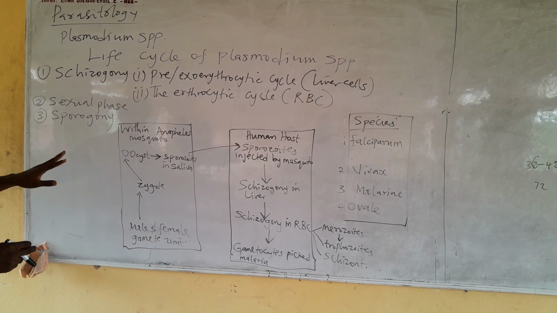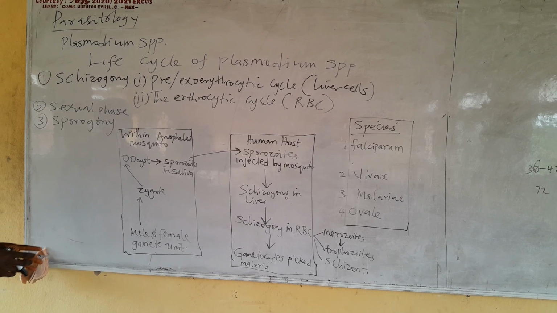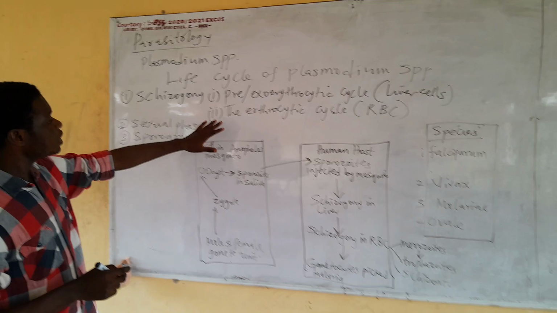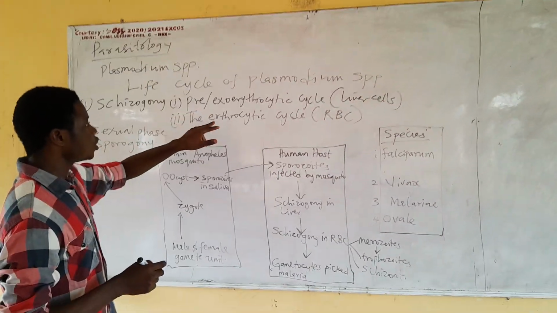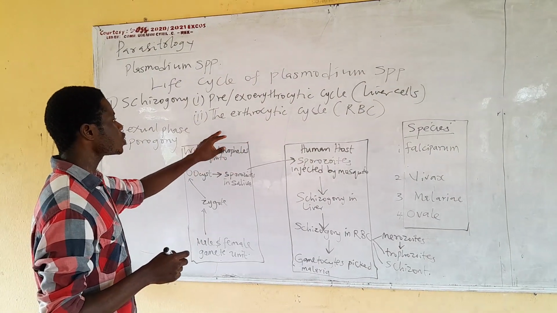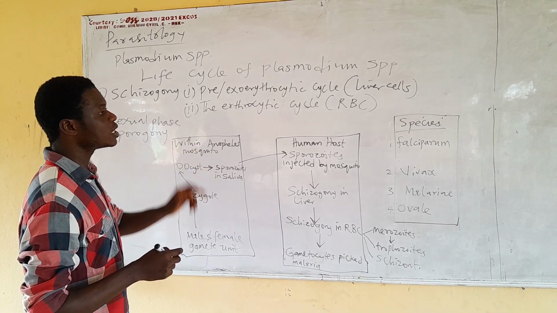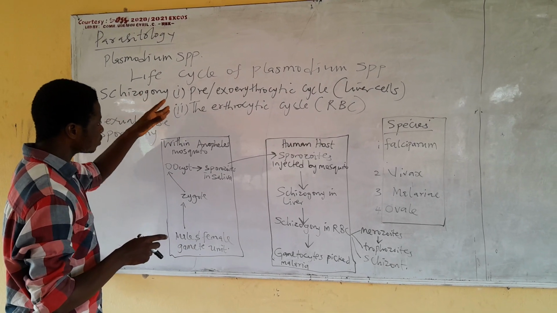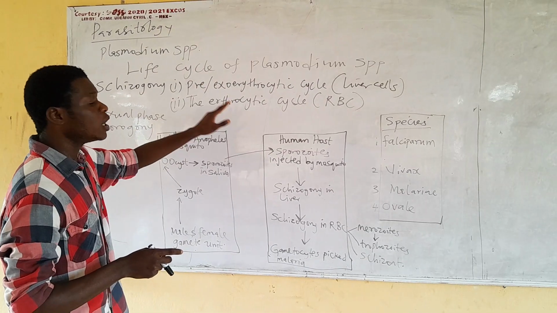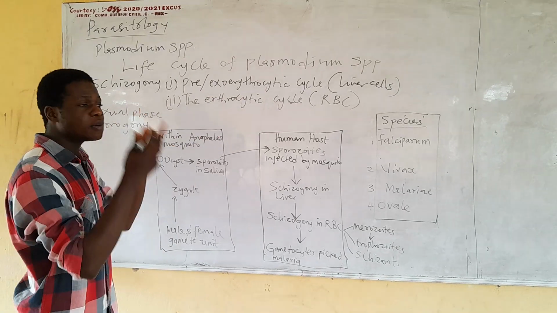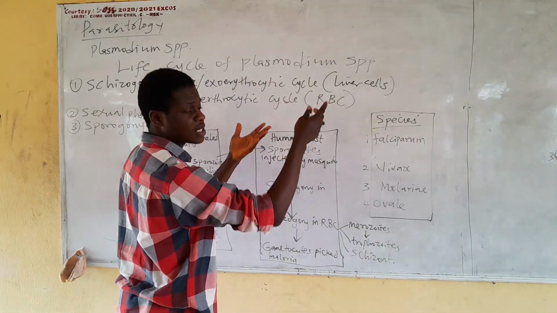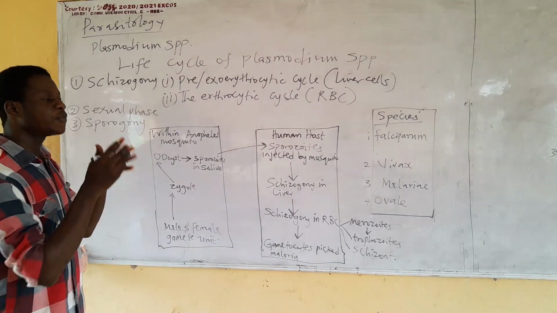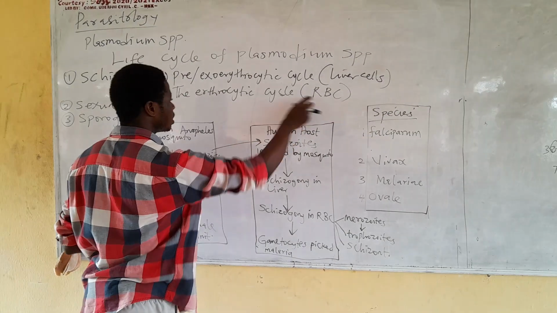The first stage, schizogony, is classified into two stages: the exoerythrocytic cycle, which is found within the liver cells, and the erythrocytic cycle, which is found in the red blood cells.